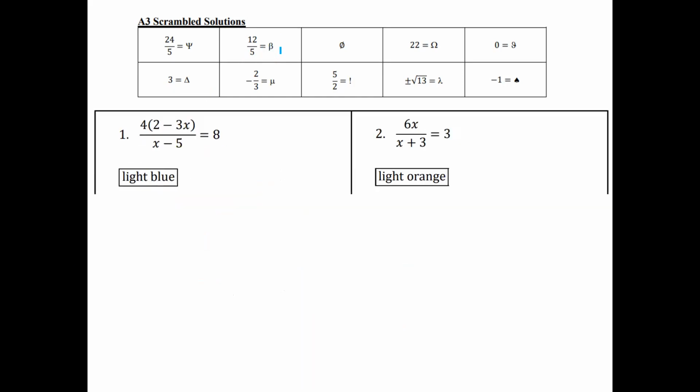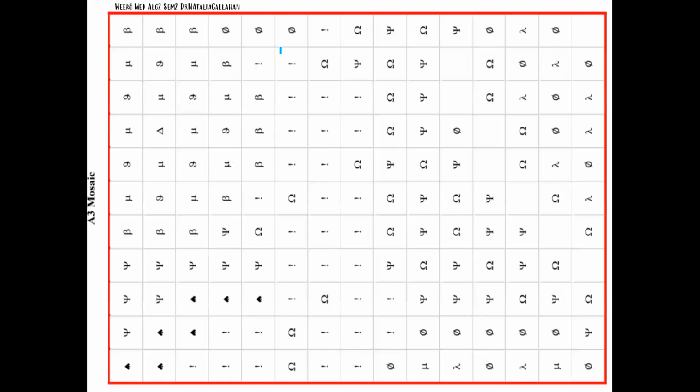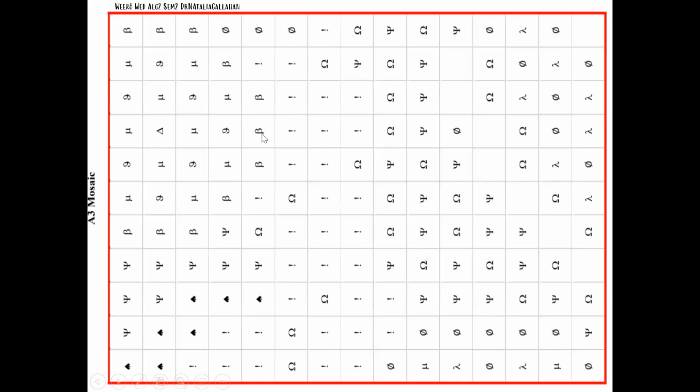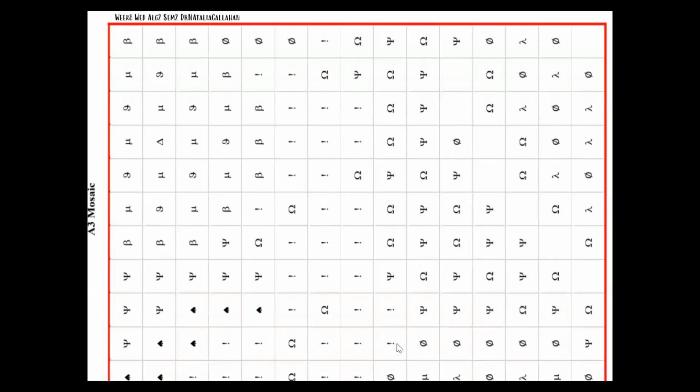So what that will look like is like this. So I'm going to grab my grid. And I'm going to put it right over here.